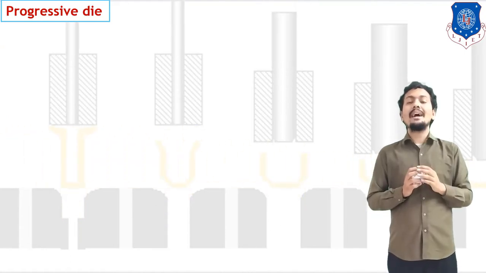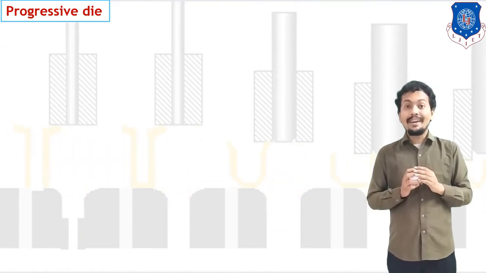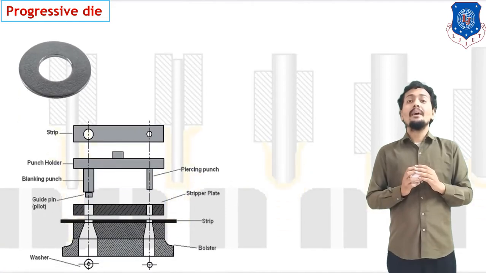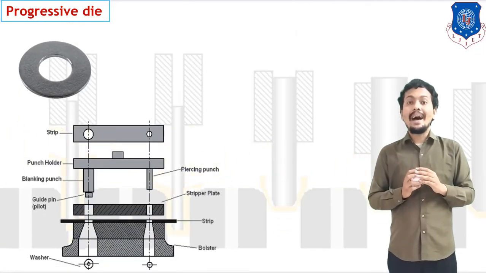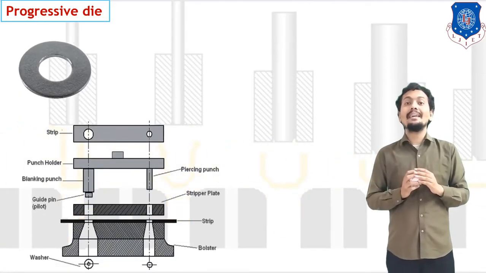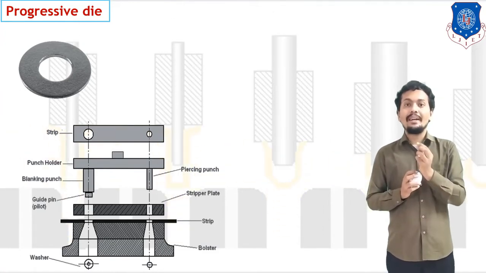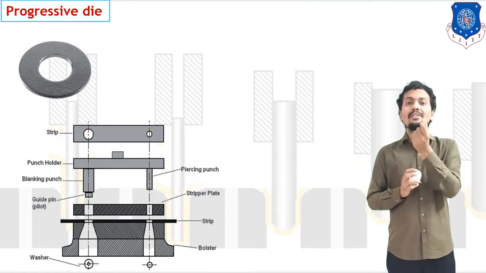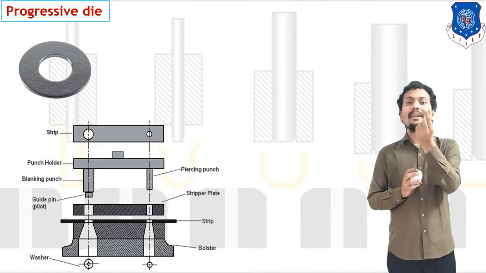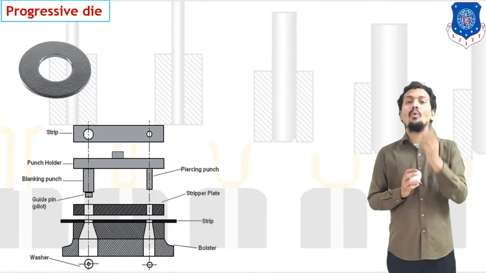So here let us start our discussion on the progressive die. The purpose of this die is to make a washer. A washer has a geometry with a hole in the inner part and material in the outer part.